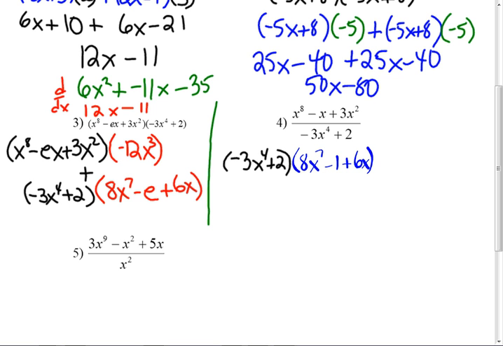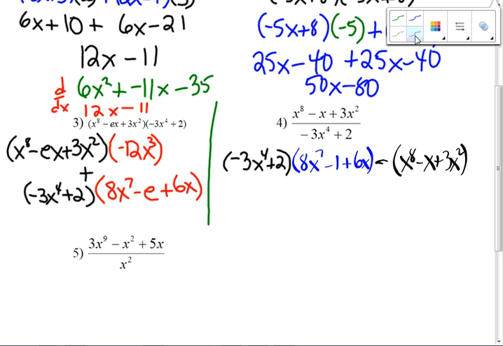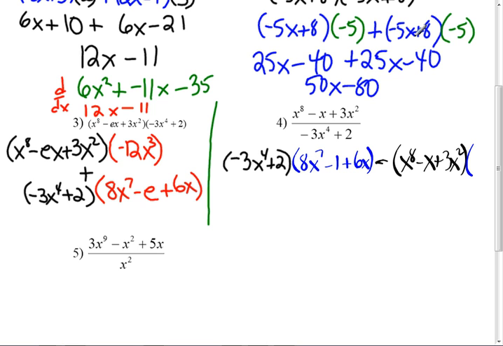Then it's what? Minus, remember it's minus here. Then it's the numerator, x to the 8th minus x plus 3x squared, times the derivative of the denominator. We got it over there, negative 12x cubed.